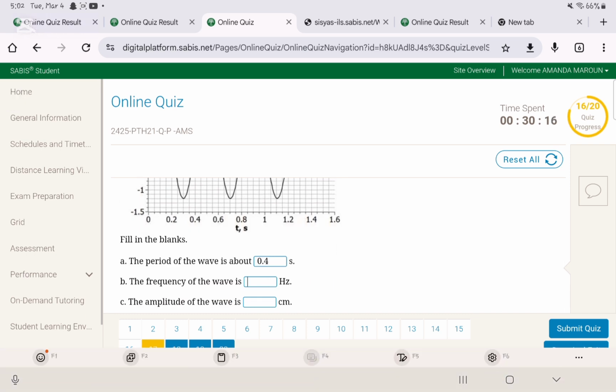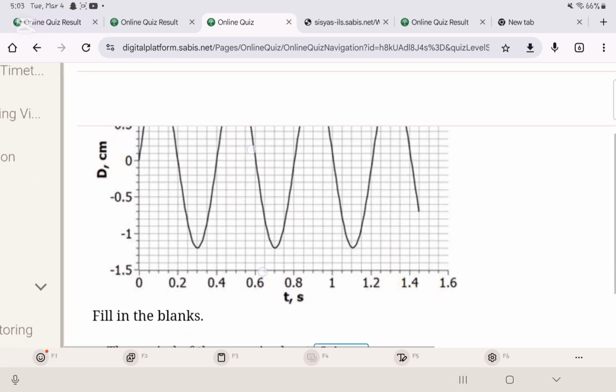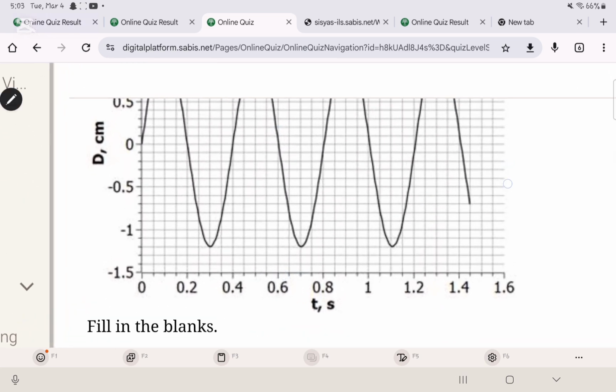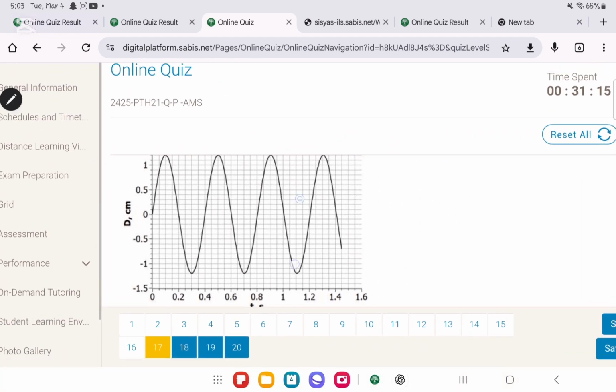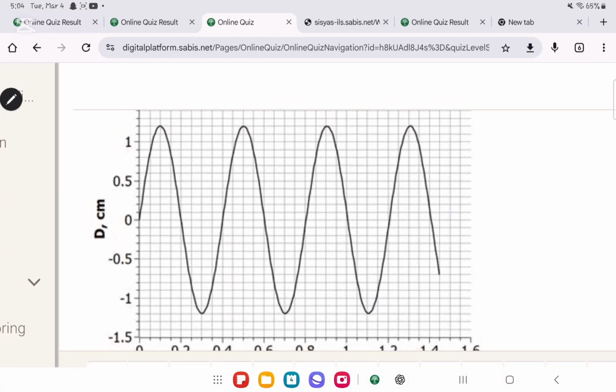Now, to find the frequency of the wave, it is how many waves happen in 1 second. I know this isn't going to be really accurate, but we could draw the midline, or the cutting of this wave, from this point.